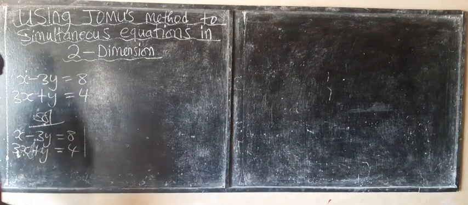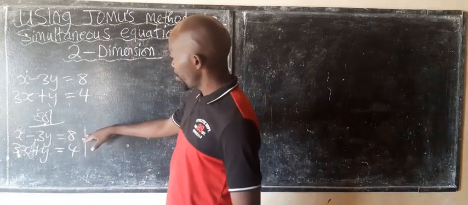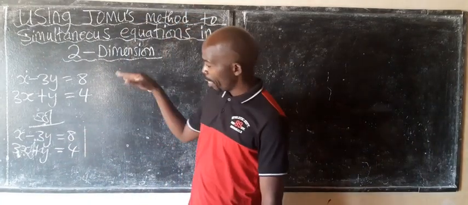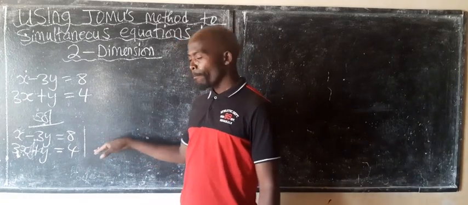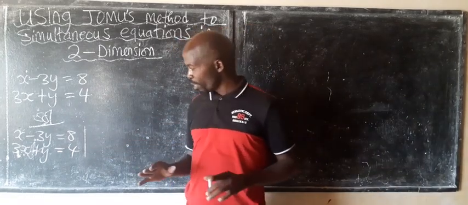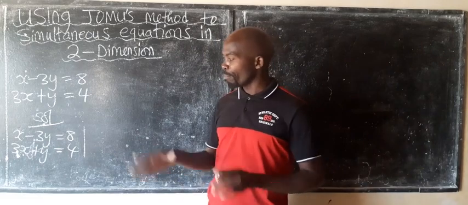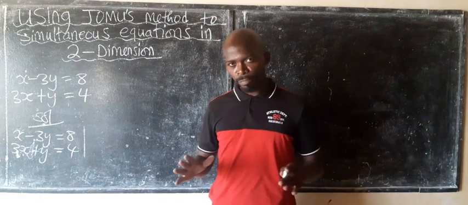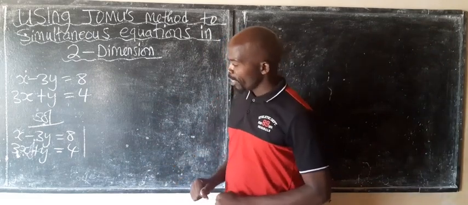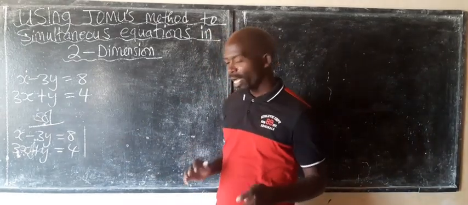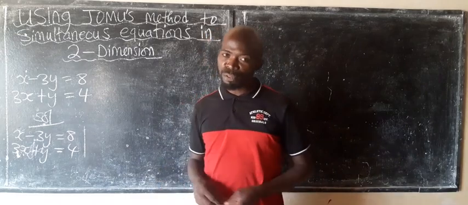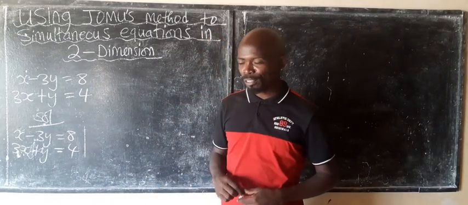I'll multiply the first equation by 3, the second equation by 1. What I'm trying to do is to make the coefficients of x exactly the same. If I want, I can make the coefficients of y the same, as if I am doing the elimination method, when actually not.